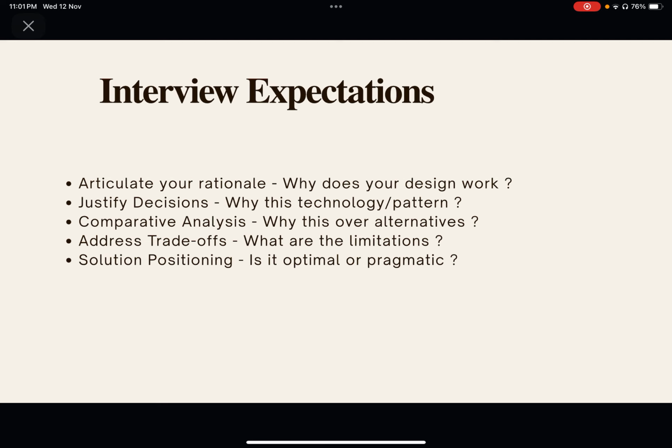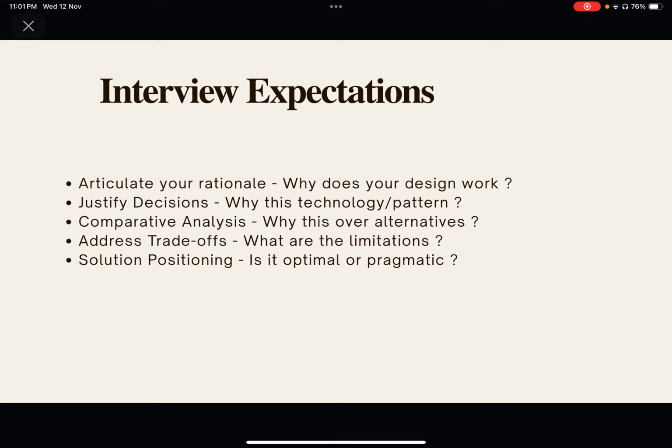Continuing with that, during a system design interview, you also have specific responsibilities. First, you have to articulate your rationale, explaining why your proposed architecture solves the problem. Then you have to justify your design decisions, like why you chose PostgreSQL over MongoDB, and why microservices instead of monolith.